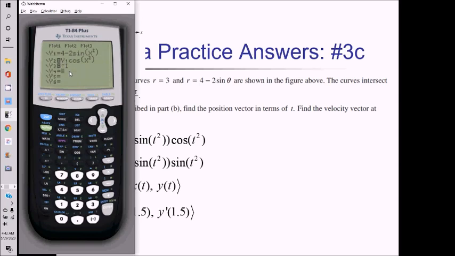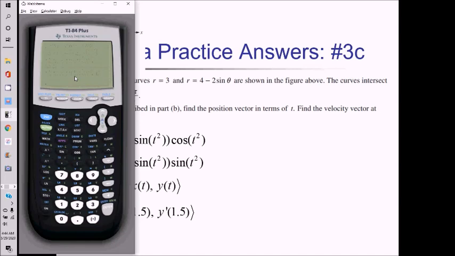But now I want to do y of t. I'm going to put that in y4. So that's going to be r times the sine of t squared. Again, r was stored as my y1, so I'm going to do alpha trace y1. And now I'm just going to do sine of x squared. So there we go. I've got y2 is x of t, and y4 is y of t.